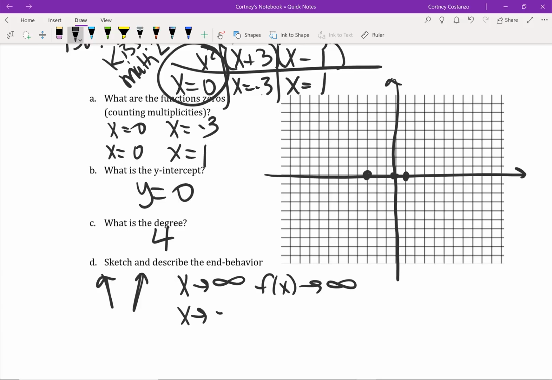And as x approaches negative infinity, my y values should also go up. So this should end upwards, this should end upwards. I have a cross at negative 3, a kiss at 0, and then another cross through 1. So there just happens to be a nice little loop there.